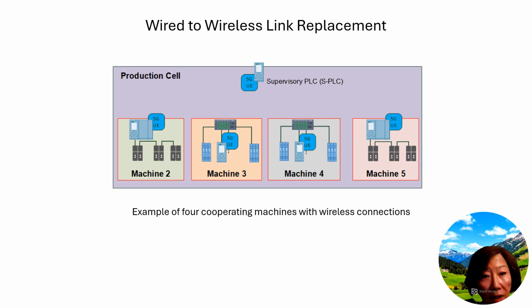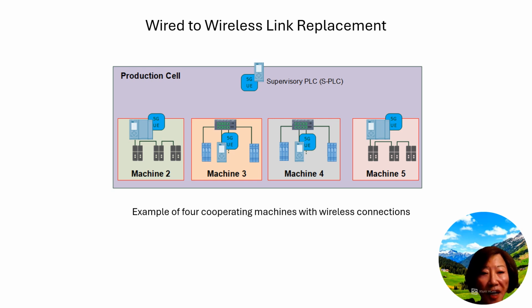In a traditional factory, the production environment is typically fixed, with cooperating machines interconnected via cables, often employing industrial Ethernet technologies like Profinet, which is the protocol which we mentioned earlier. Profinet, or Profinet, don't know how to pronounce it, is an acronym.